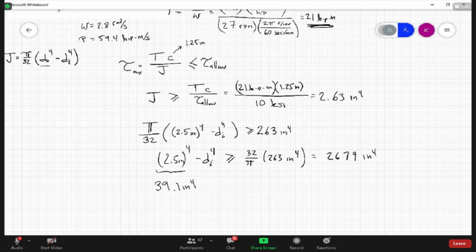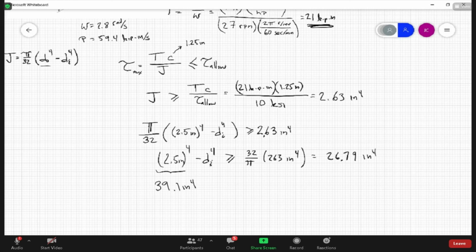It seems small. Why is that? Oh, I dropped a decimal point. Sorry about that. That's why it was coming out goofy, because that's 2.6.